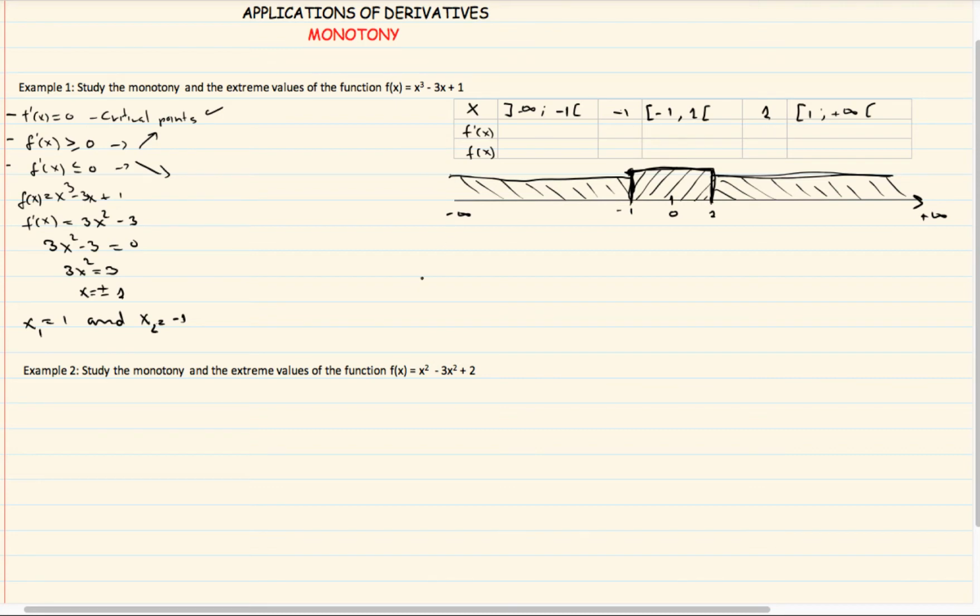Now what we have to do is check whether the derivative is positive or negative within these intervals. So how do we find that? We take the function f dash of x, the differentiated function, and replace in it any value of x within the range from minus infinity to minus 1.